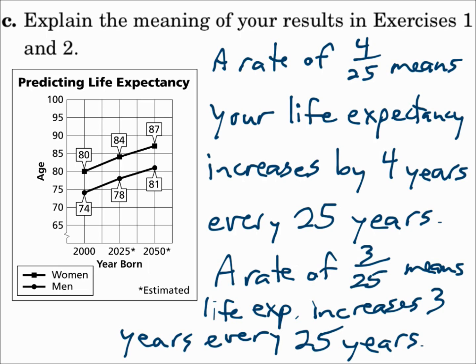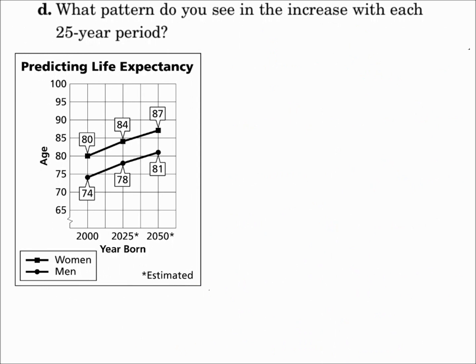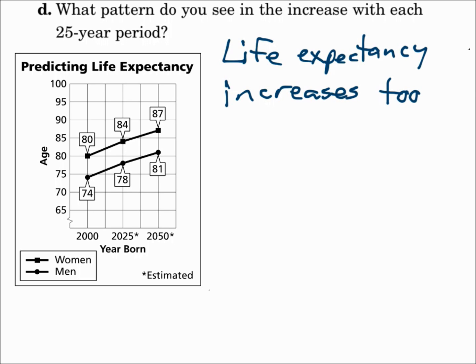So in 25 more years, the oldest people will be only 3 years older. D. What pattern do you see in the increase with each 25-year period? Well, the pattern is that the life expectancy increases too. As time increases, the life expectancy increases.